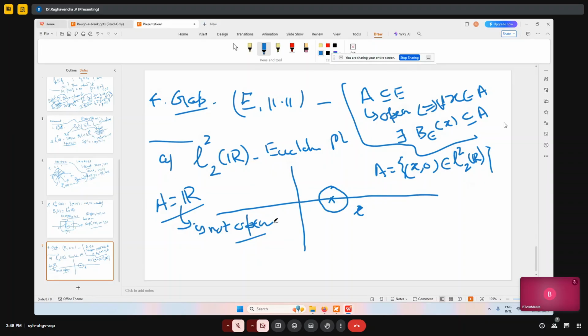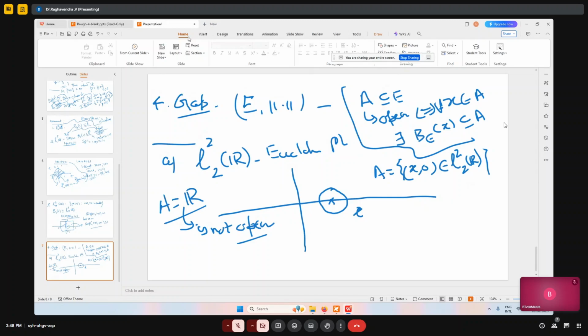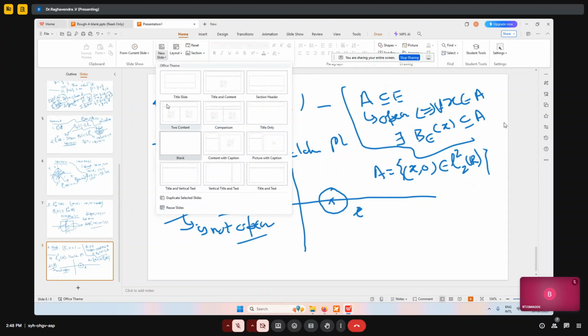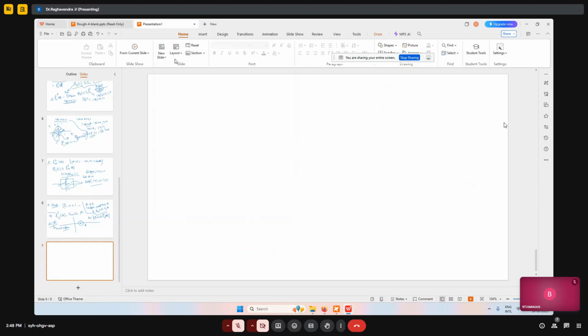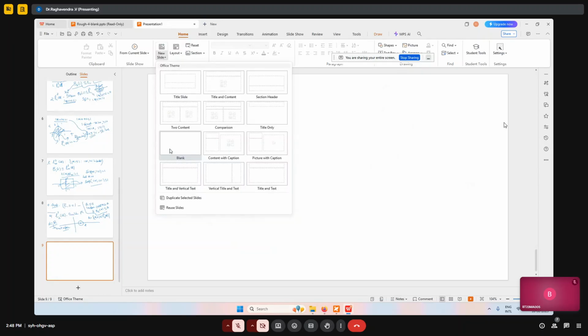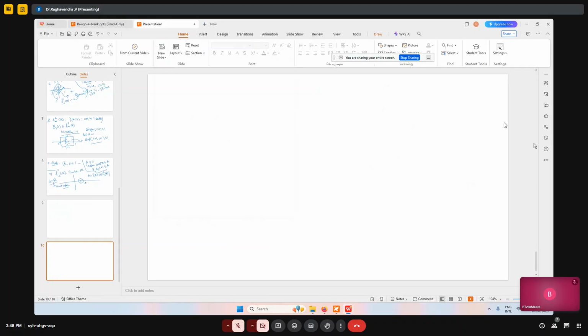See, that is what happens in one of the examples that we have. What is that? One of the exercises. So what is that exercise that you have?